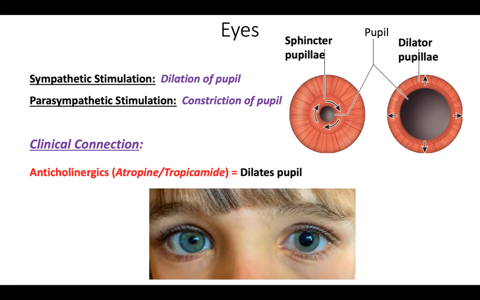All right, and there's a number of them. Atropine is a very common anticholinergic, and there's a number of other ones. All right, so again, a little bit of a clinical connection. If you know how the autonomic nervous system regulates your pupil, you can understand this medication.